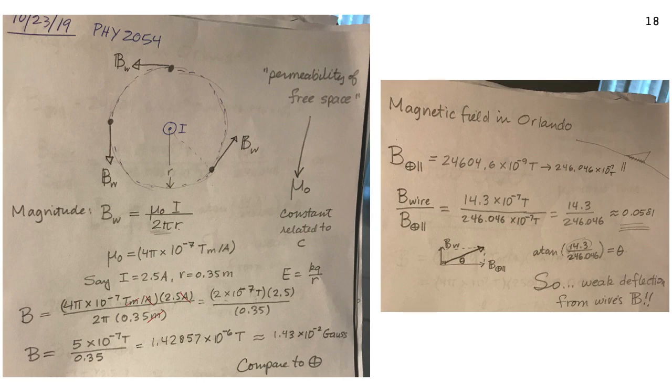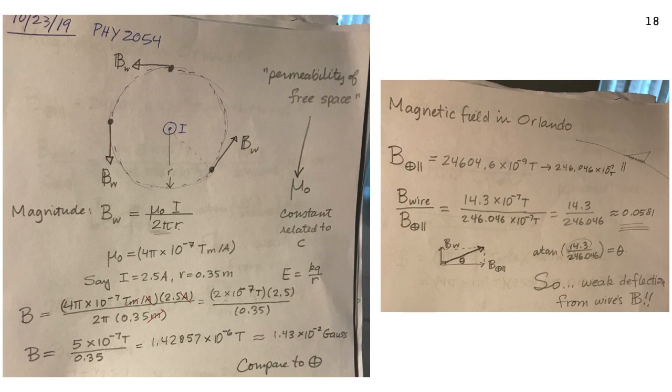And so basically 4 pi over 2 pi is 2 times 10 to the minus 7 Tesla times 2.5 divided by 0.35. Right, and the units are Teslas.